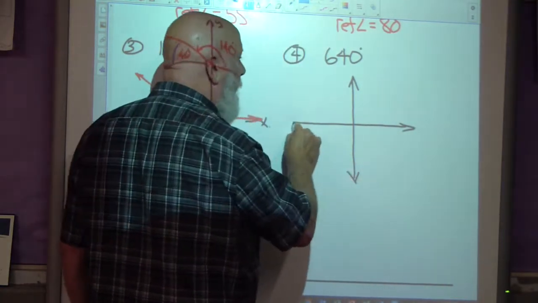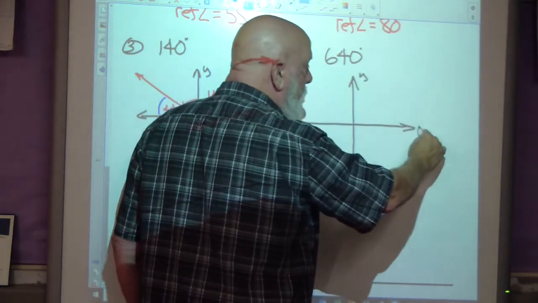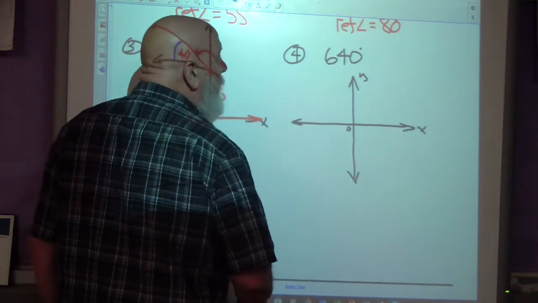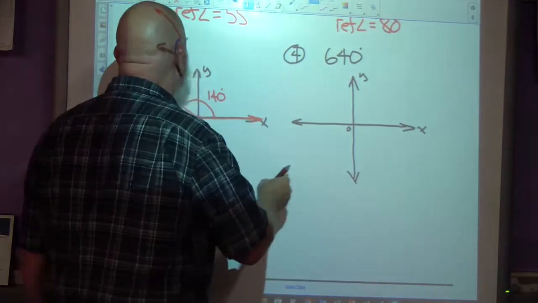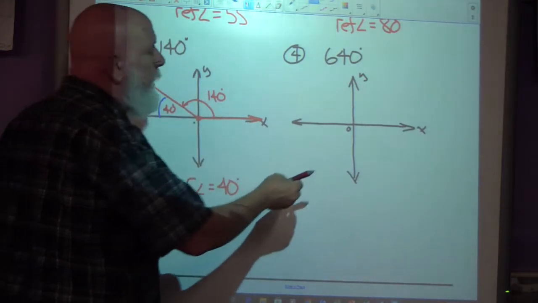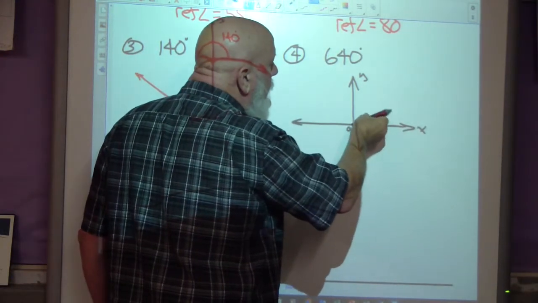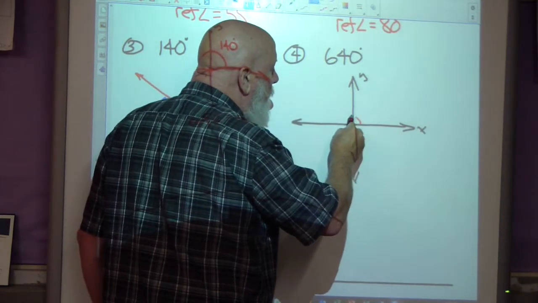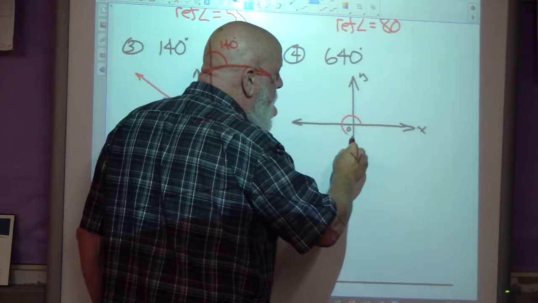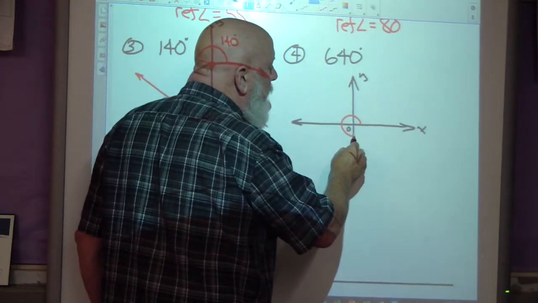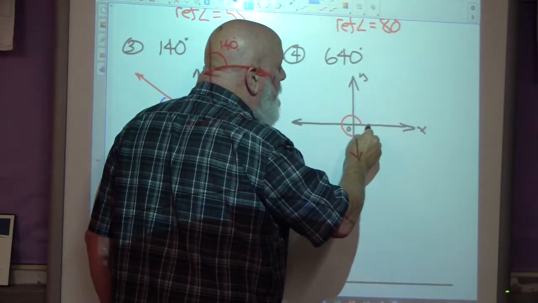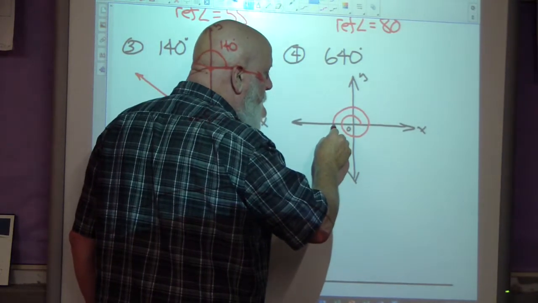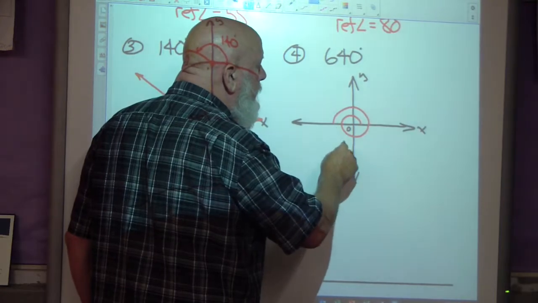I'm going to have to learn how to count, apparently. So here we go. We're going to rotate in a positive direction, just like we rotated in a positive direction here. I'm going to go 90, 180, plus another 90, it's 270, 360, 450, 540, plus another 90 would be 630.